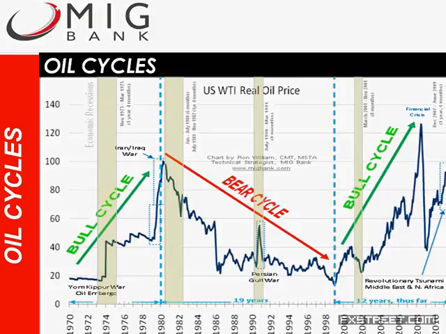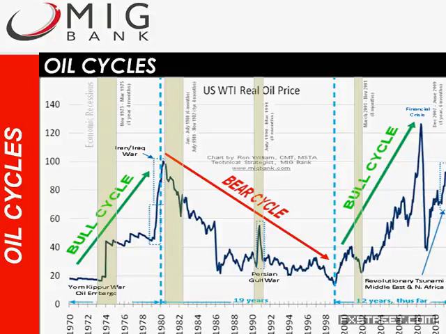These cycles tend to last up to 20 years, and currently, if I'm measuring the cycle from 1999, we have only been in a bull cycle for about 13 years, which is just over half of a normal long-term cycle on oil, as I've illustrated here on the side.